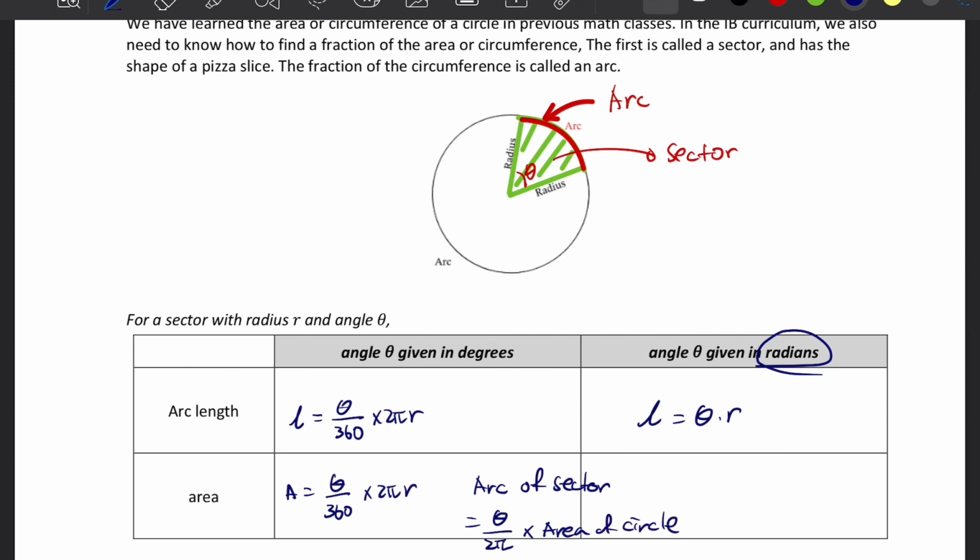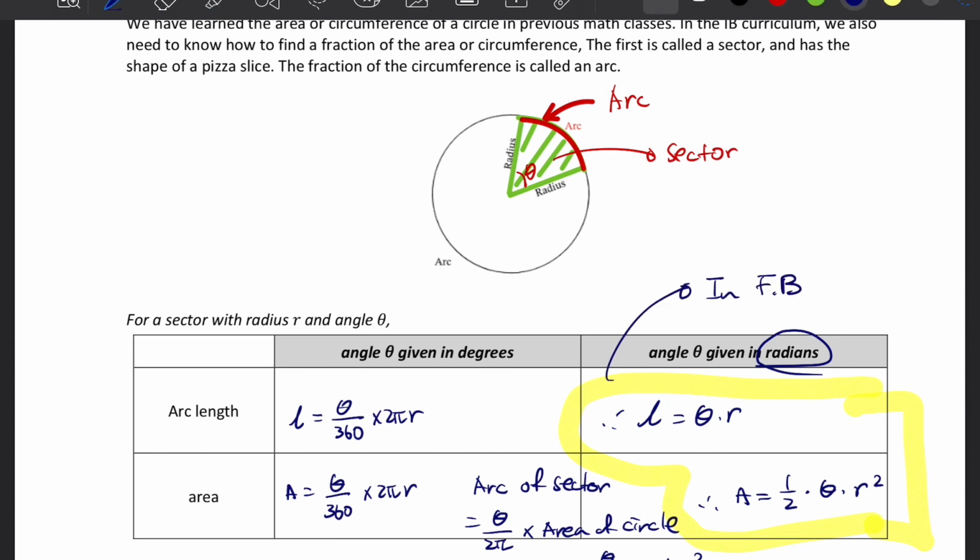Then we can also say that the area is equal to theta over 2 pi times pi r squared. With simplification, the area is equal to 1 over 2 times the angle times r squared. It is very important to note that these two formulas are actually given in your formula booklet.